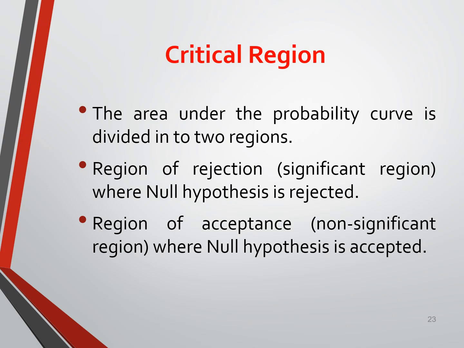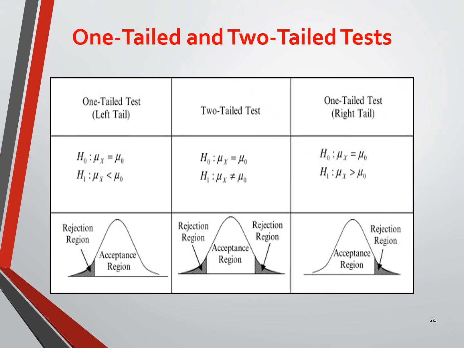Now yesterday we already did the one-tailed and the two-tailed test. Yesterday I said this acceptance region is for the null hypothesis, this is the right-tail alternate hypothesis, and this is the left-tail alternate hypothesis.